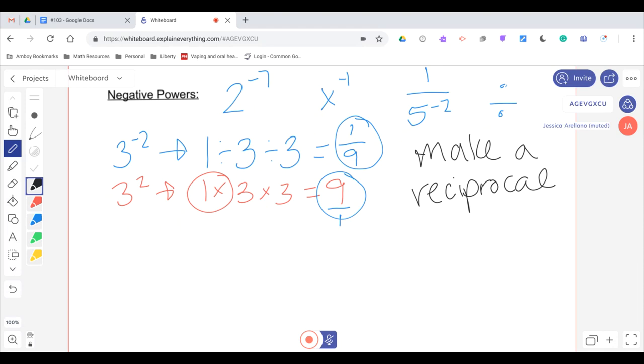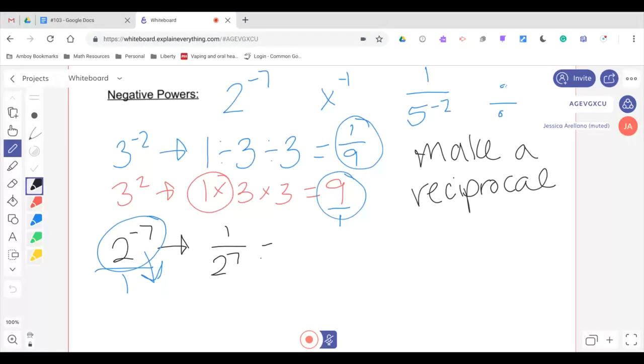Okay, so let me give you an example. Let's bring that 2 to the negative 7th down from the top. Well, what I would want to do is actually write it as 1 over 2 to the positive 7th. So basically I have to picture that this is written over 1, and anything with a negative exponent gets sent to the denominator, or if it's already in the denominator, it will get brought up to the numerator.